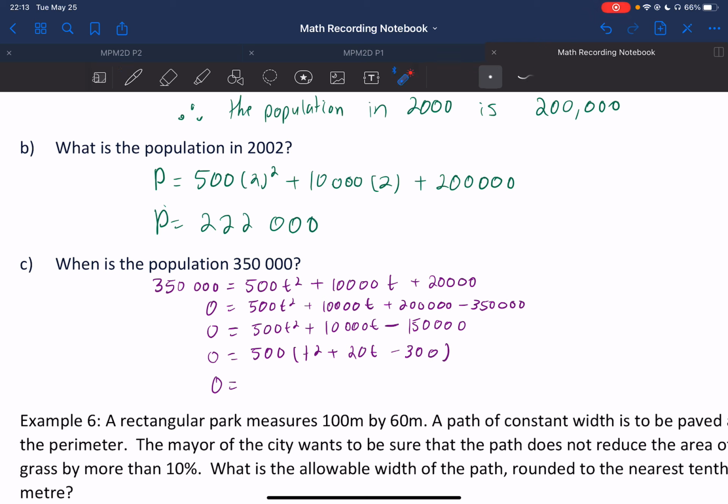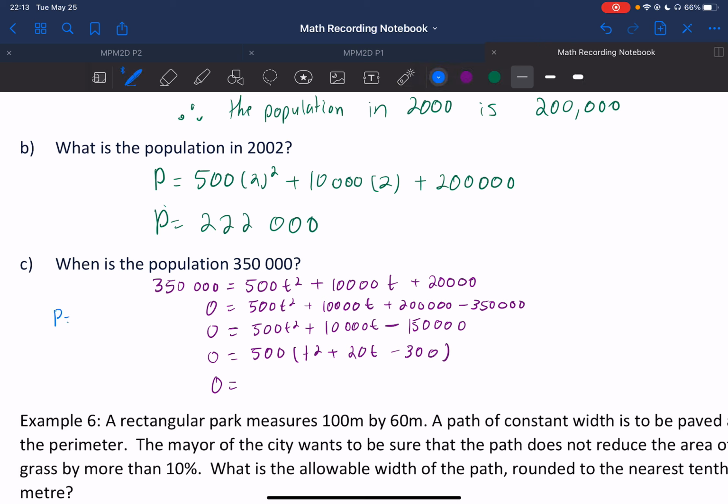Looking at this, what we're going to be looking at is a product of negative 300 and a sum of 20. Okay. Our factors could be pretty straightforward.